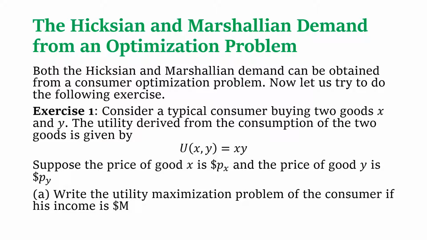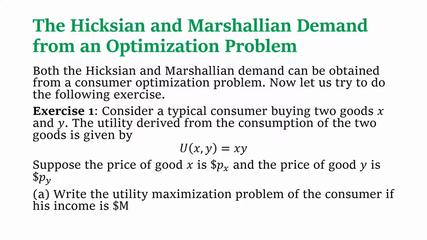What are they? One, the objective function. Two, the constraint. And three, the non-negativity restrictions. These three elements are what make up the optimization problem of the consumer, right?